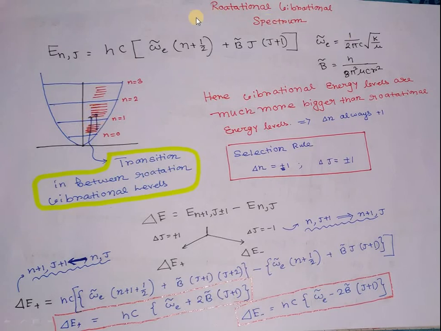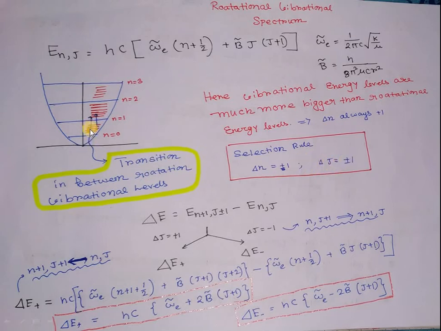So in the spectrum, while we are discussing the transition between two different energy states, the following selection rule will be followed. So for any absorption, delta n will always be equal to +1 and delta j will be equal to ±1.